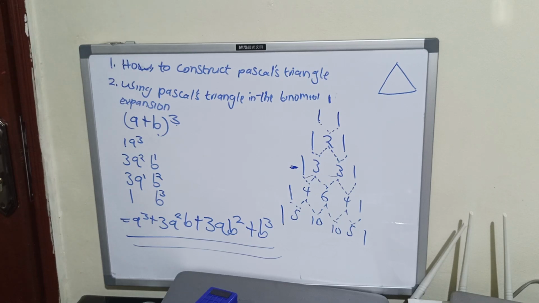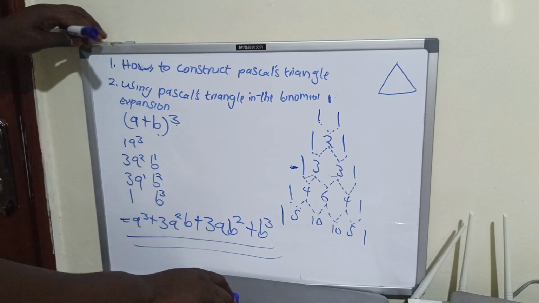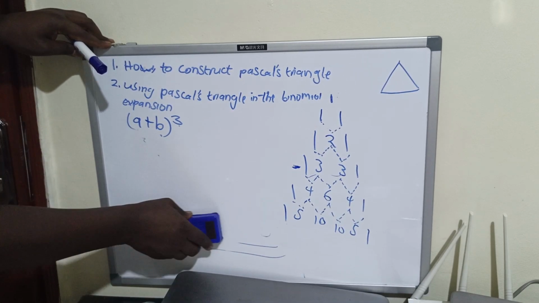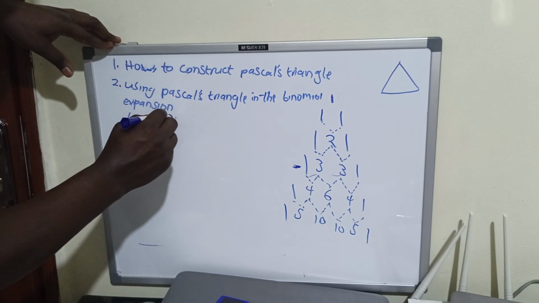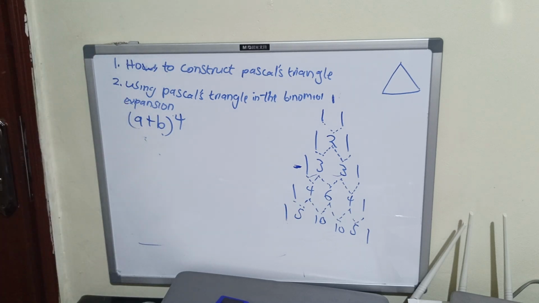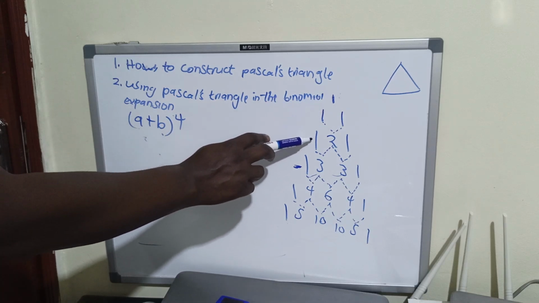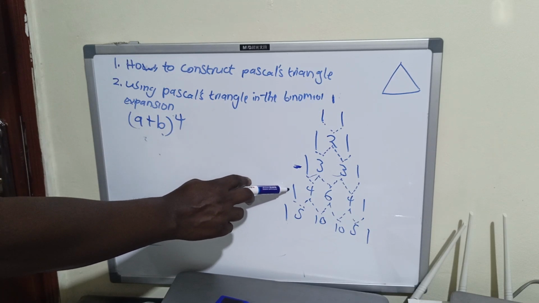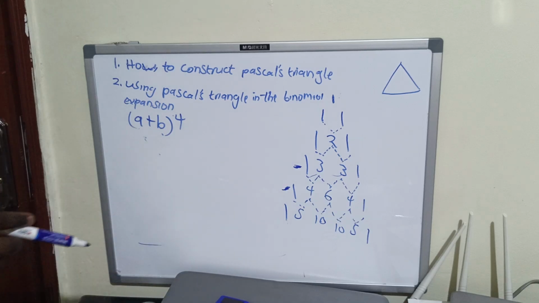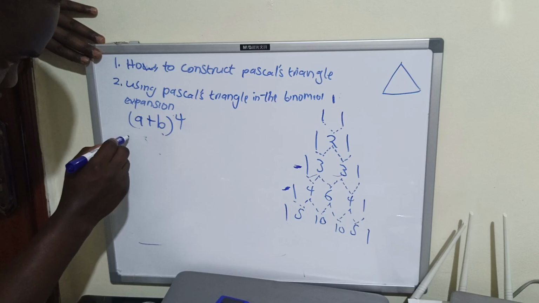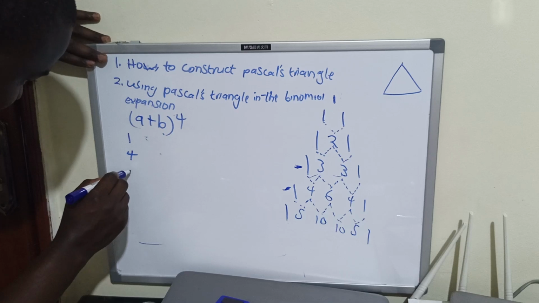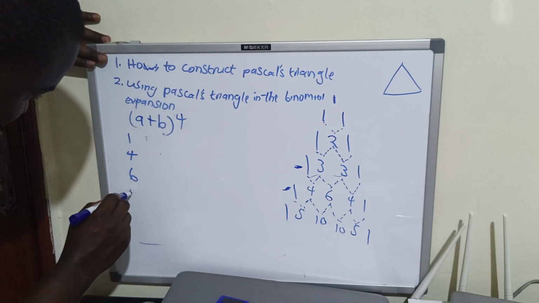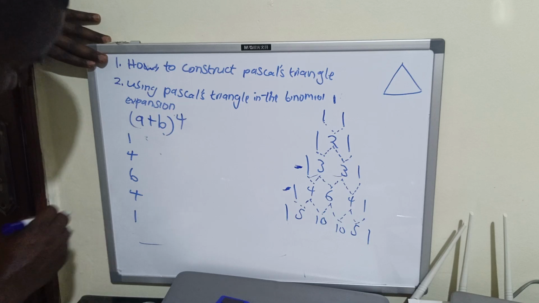That's the answer. Suppose now we raise it to power 4. Let's delete everything here. Now raise it to power 4. Expand that. We go back to our Pascal's triangle and we count 0, 1, 2, 3, 4. We are using this line, and that line has 1, 4, 6, 4, 1.